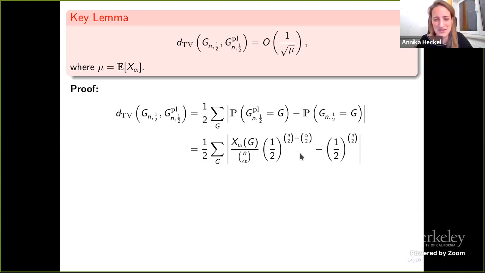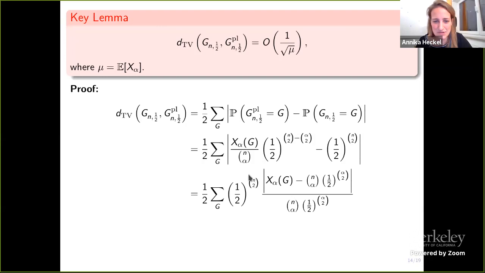And now we just need to rearrange these terms. So we draw out 1/2 to the n choose 2. And in the denominator, I want to write the expected number of alpha sets. So that's n choose alpha times 1/2 to the alpha choose 2. That's just the expected number of independent sets of size alpha. Okay, and what I'm left with here is the modulus of X_alpha(G) minus, again, the expected number of alpha sets.